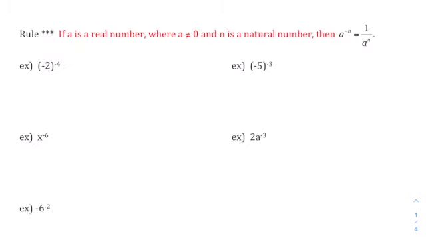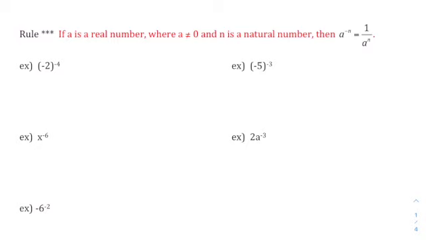So the next rule is, if a is a real number where a does not equal 0 and n is a natural number, then a to the negative n power equals 1 over a to the nth. Now, there's a reason why we cannot have a equals 0. Because if a equals 0, that means the denominator equals 0. That doesn't work.